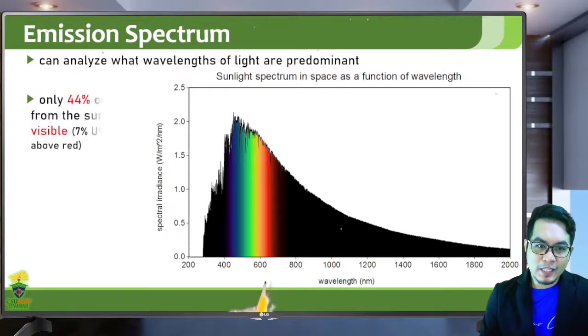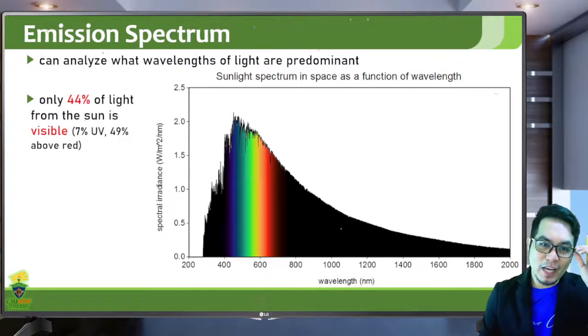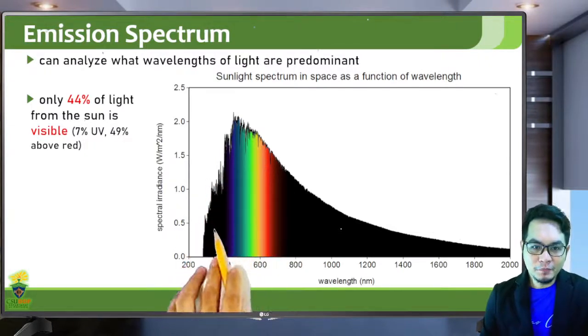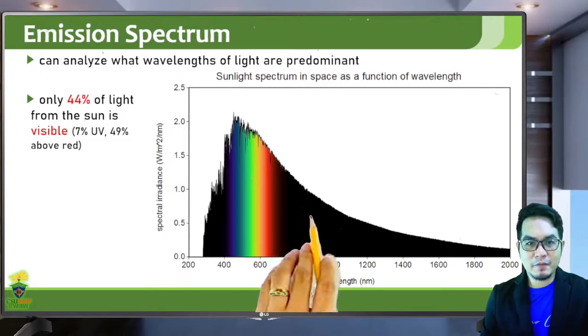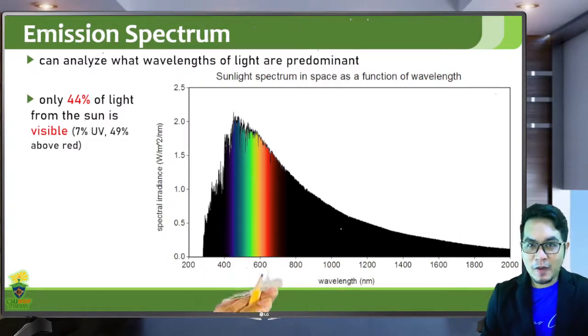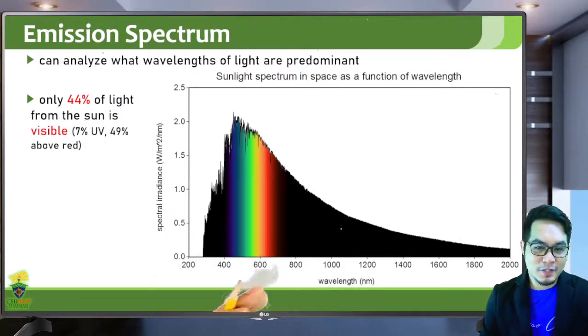You will notice that only 44% of light from the sun is actually visible, this area here. 7% is UV, and the remaining 49% is above red: infrared, microwaves, radio waves, Bluetooth, and so on. So that's one thing an emission spectrum can give you.